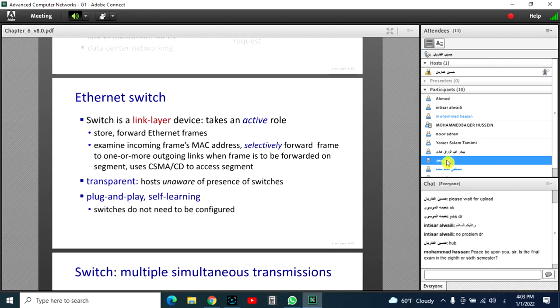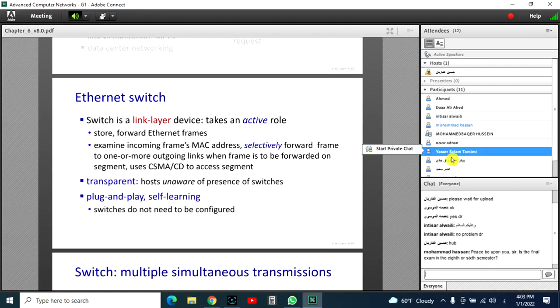It can choose the destination port. Why? Because it works on layer 2, and in this layer we have the MAC address.